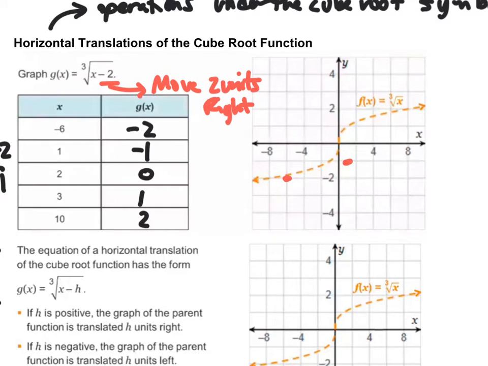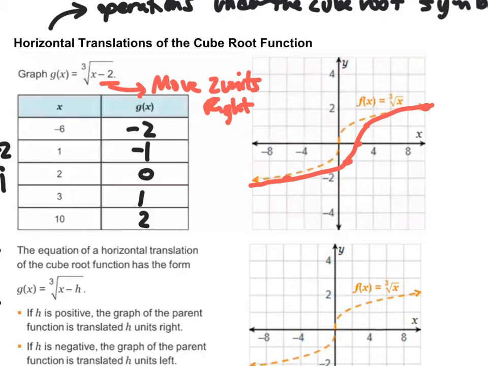If I plug in the point 2, 0, that's right here. Plug in the point 3, 1, that's right here. If I plug in the point 10, 2, that's the point up here. So you end up getting this as a result.